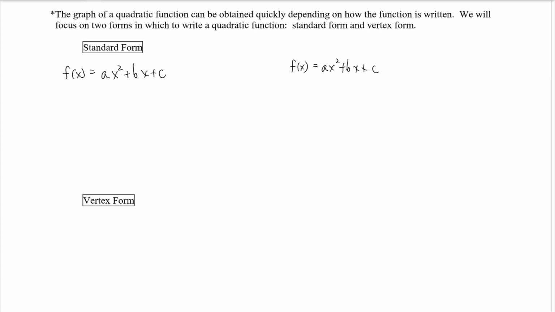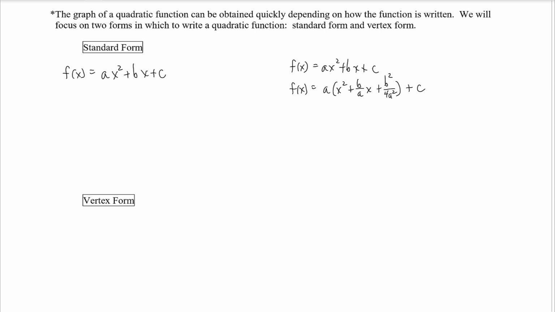If I take this and complete the square, I factor out a, and then I divide the coefficient of the linear term by 2 and square it. So if I divide that by 2, I get b over 2a, and when I square it, I get b squared over 4a squared.